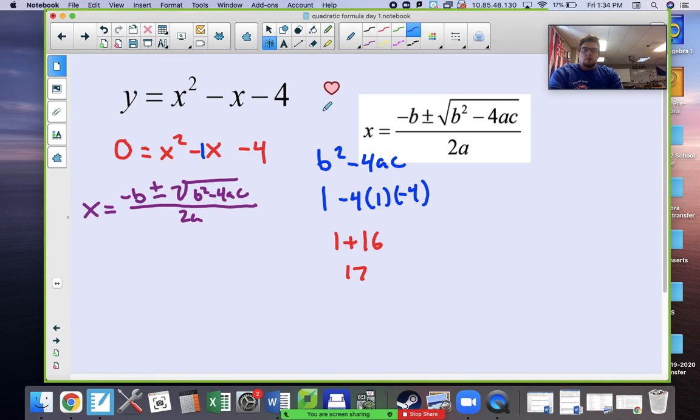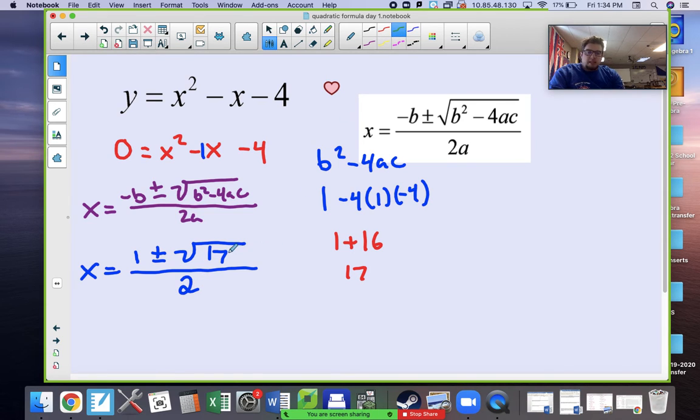Plug in the numbers that we know. Well, it's a negative b, so this negative 1 goes right here, so we get a negative 1, which is simply just 1. Underneath our radical, we have the 17, and then we have 2 times 1, which is 2.